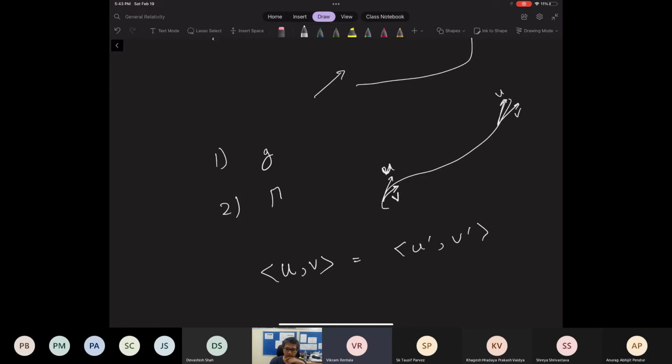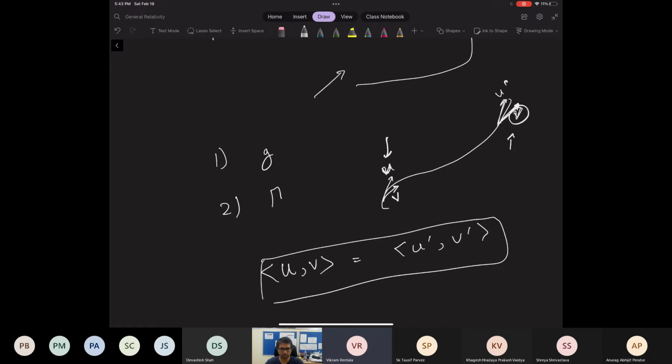So if the tangent vector to the curve has changed as I move to a different point, then u itself will change as I move. If the magnitude of v changes as I move along the curve, then the magnitude of u will also change to keep this inner product the same. But this is the only restriction. Yes, the magnitude of the vector can change in parallel transport.